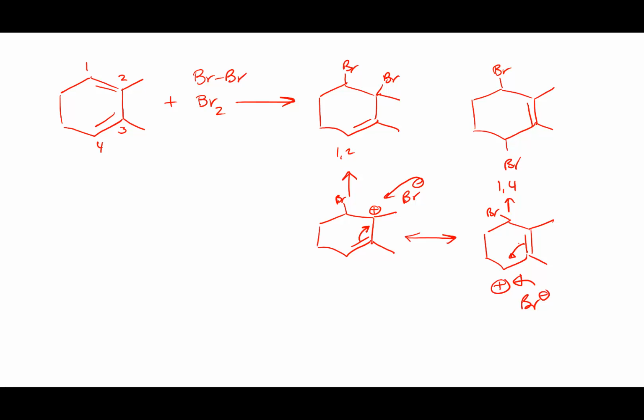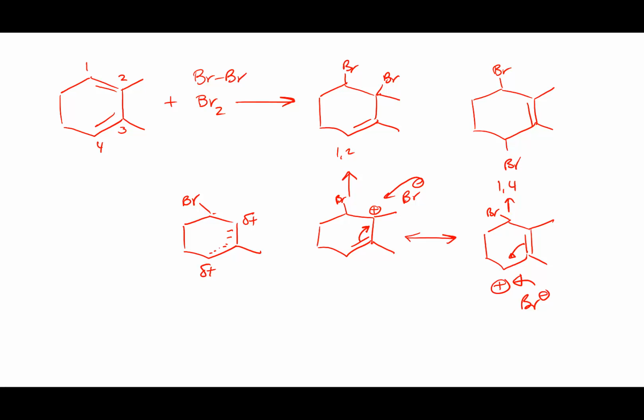So those are the 2 resonance structures. Resonance hybrid, what would it look like? Again, the resonance hybrid is always written by adding the electrophile to carbon 1. There's a delta plus charge there, there's a delta plus charge there, and then dotted lines all the way around between the 2 delta plus charges.